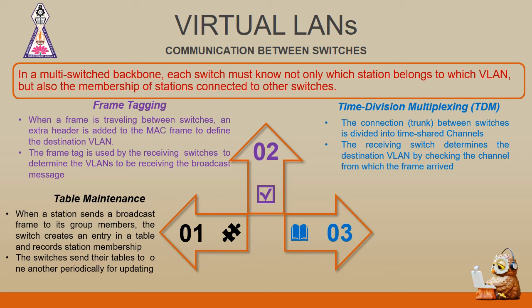For example, VLAN 1 has channel 1, VLAN 2 has channel 2. So any traffic that is intended for VLAN 1 is traveling in channel 1, that is in the 1 time slot duration. And the traffic destined for VLAN 2 will be traveling in channel 2. And the receiving switch will determine which destination VLAN has to carry the information dependent on the channel from which the frame has arrived.